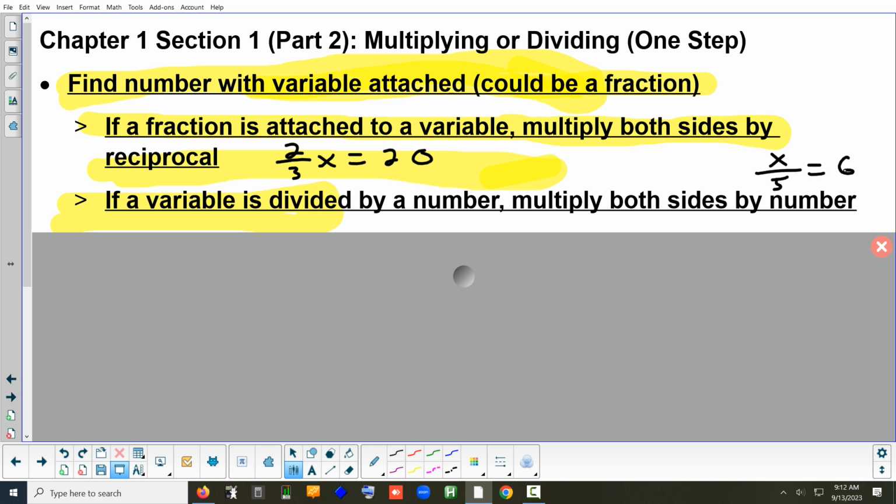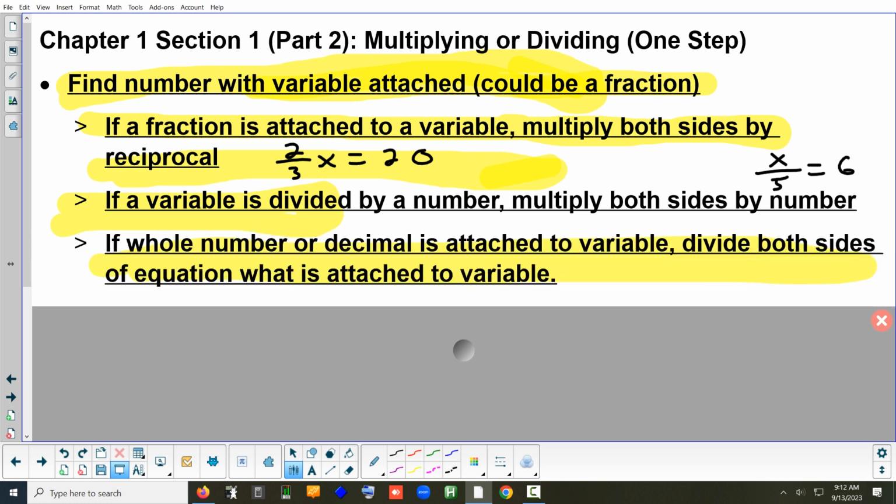And here's the third type you'll see. If you have a number, or even a number with a decimal, attached to a variable, like 4x equals 50. Okay, that's not a fraction attached to the variable. That's not a variable divided by a number. It's a variable times a number. It's got a number attached to it.